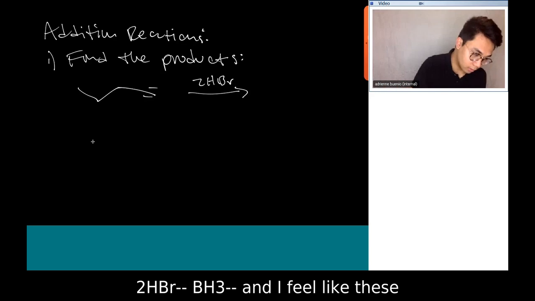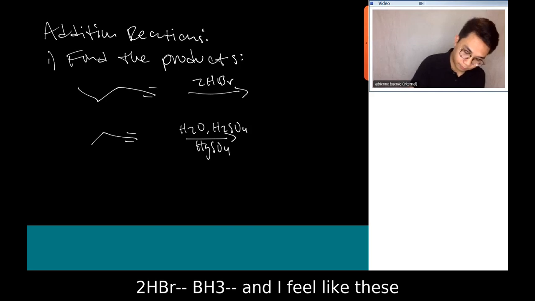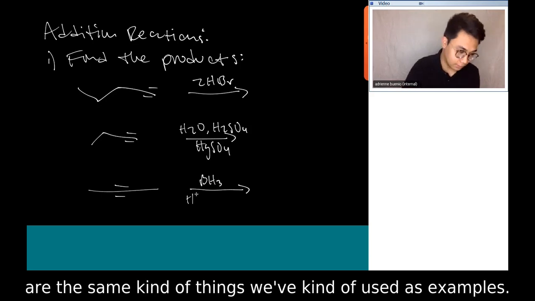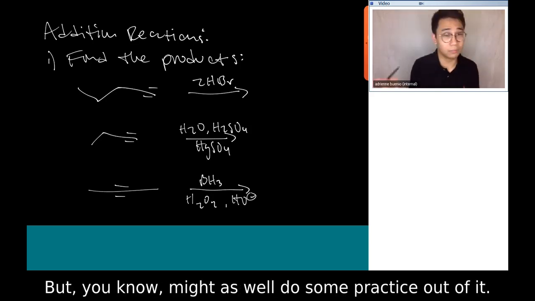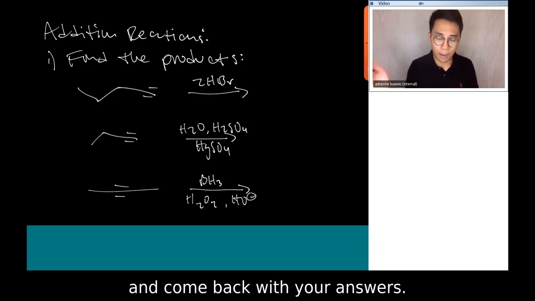Two HBr, BH3, and I feel like these are the same kind of things we use as examples, but okay. And like I said, they get repetitive, but might as well do some practice out of it. So pause the video, take a second or a minute, and come back with your answers.